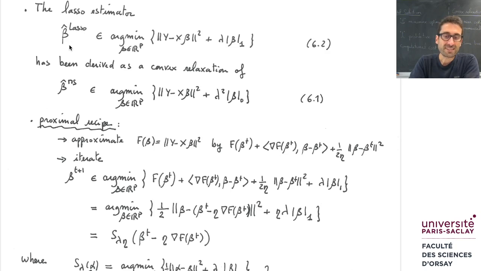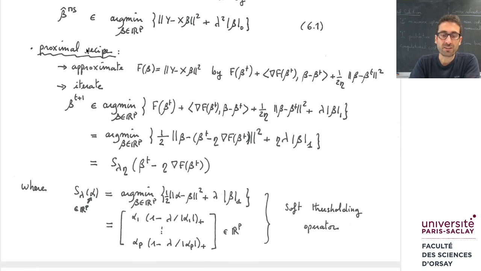I emphasize that usually, since you do not have a closed form expression for this minimization problem, what you will use is not exactly this estimator, but an approximation of this quantity, which is obtained after a certain number t of iterates of, for example, a proximal method.